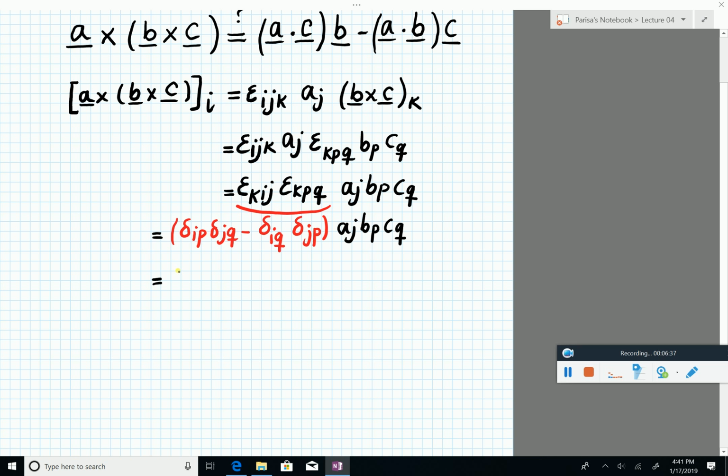Then you'll have the two Kronecker or substitution operators that you have seen before, and try not to make any mistakes.